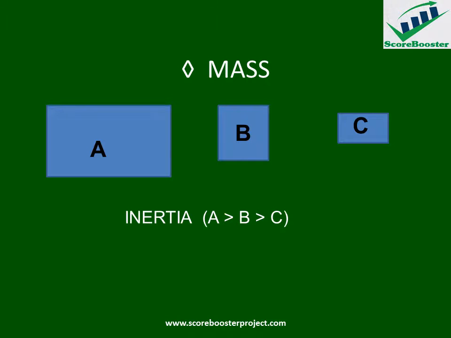So object A is going to have the highest inertia, followed by B and C. So the larger the mass, the more the inertia of an object. Therefore, the inertia of A will be greater than B, and B will be greater than C.